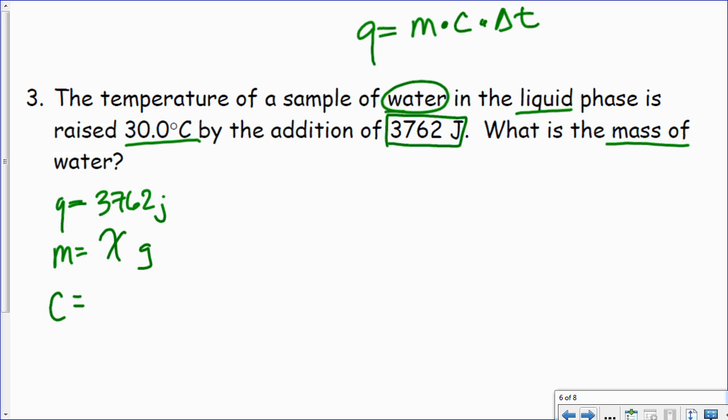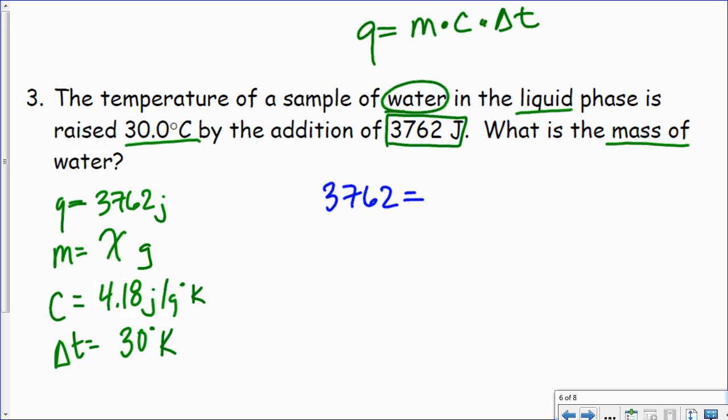C, since we're talking about water, we can use the specific heat capacity of water, 4.18 joules per gram degree Kelvin. And the change in temperature, well, liquid phase, the temperature was raised by 30 degrees Celsius, so we can say the change in temperature is 30 degrees Kelvin, because again, a Kelvin degree and a Celsius degree are the same size. Plug it and chug it to solve for mass. 3762 equals X times 4.18 times 30.